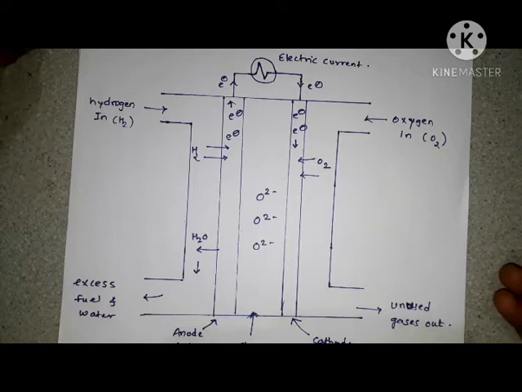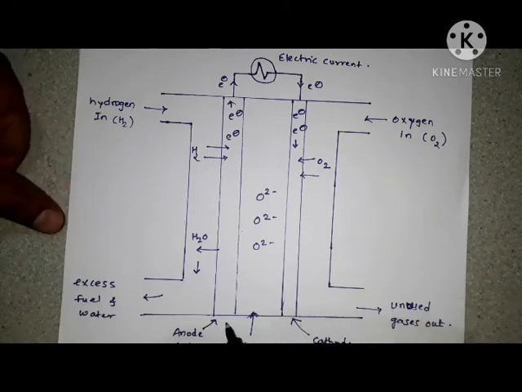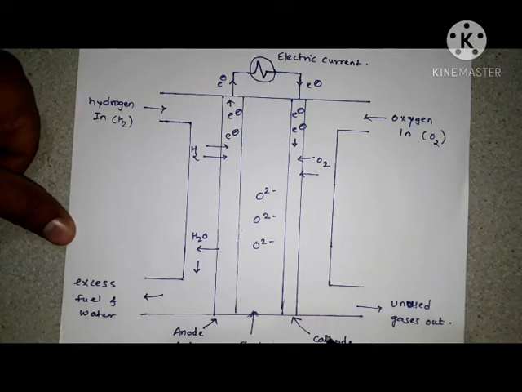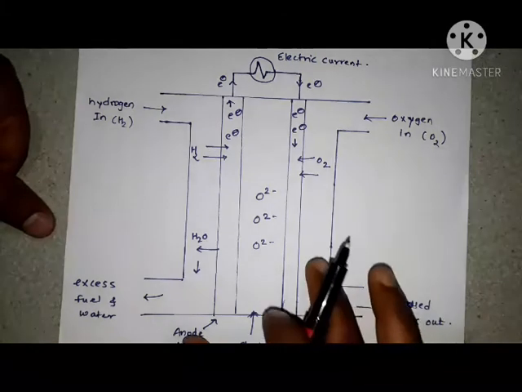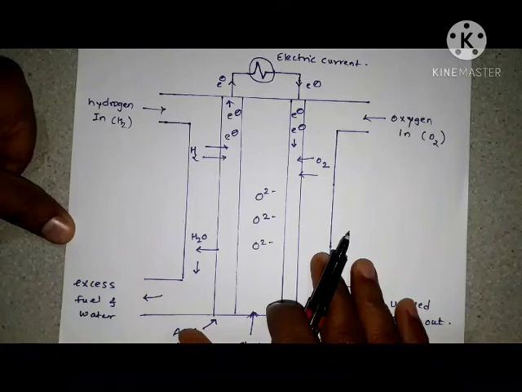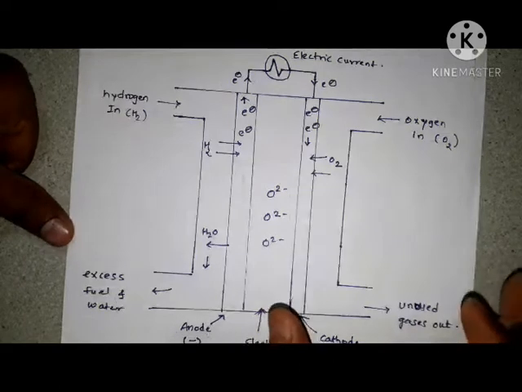Okay, then the second point is each unit cell is composed of two porous electrodes, a solid ceramic, and it is interconnected. Okay, as we know, one anode and one cathode is used in this fuel cell. That is, porous electrodes are used in the solid oxide fuel cell.